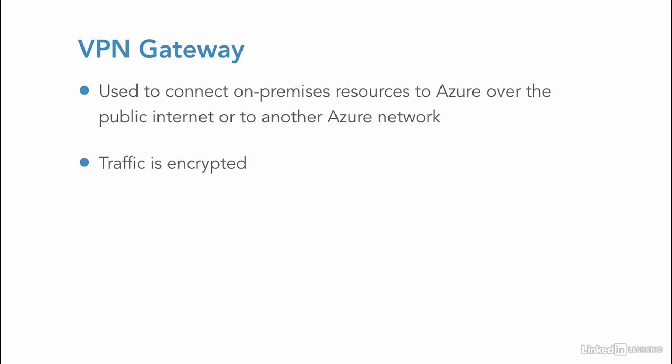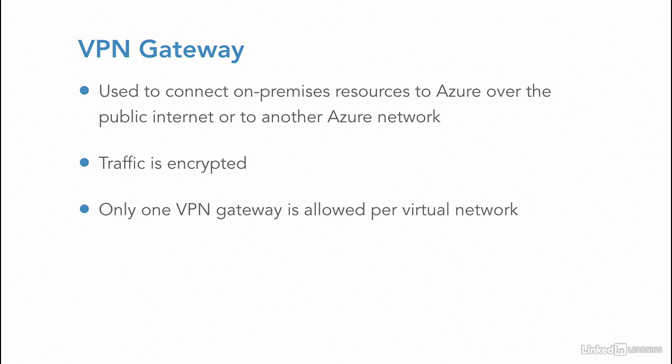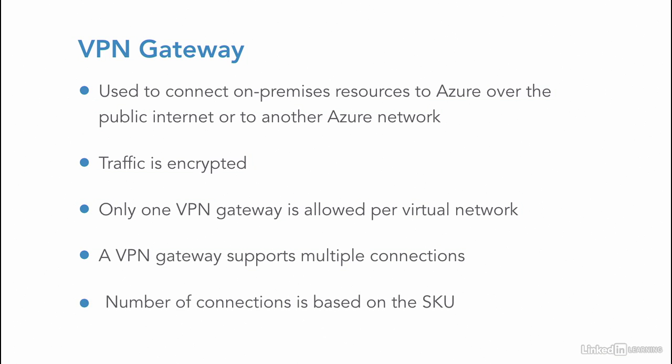A key point here to know about Azure VPN gateways is you can only have one VPN gateway per virtual network, which means when you're building out an Azure virtual network, you have to be aware of this limitation. To get around this limitation, VPN gateways support multiple connections, but those number of connections is based on the SKU.